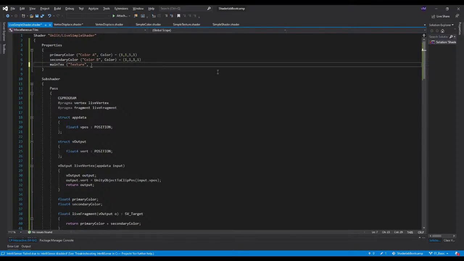From now on, we are going to call all the images textures. What is the type? It is a 2D texture. How do I know? Because I've been programming shaders for a bit of time. I know the types that are supported by ShaderLab in the properties block, and the values.